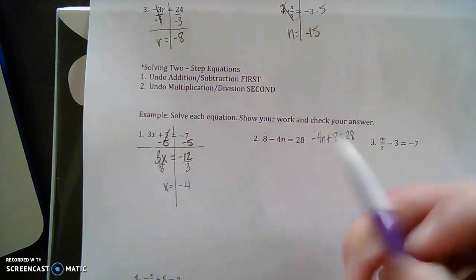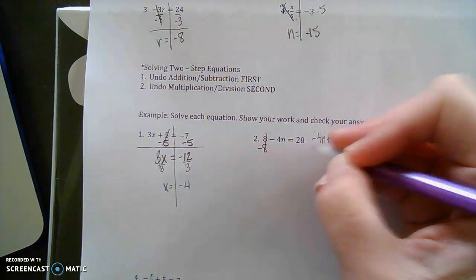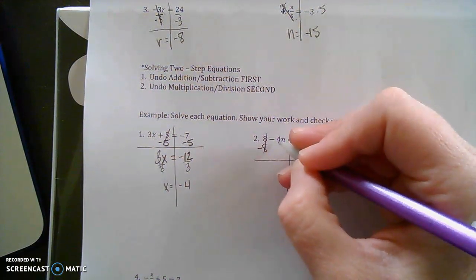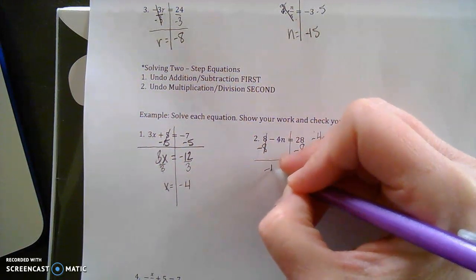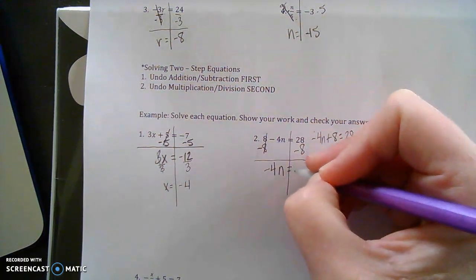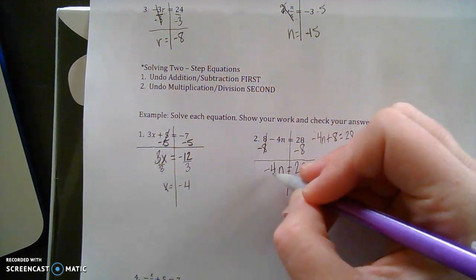But this is a positive 8, so to get rid of positive 8, we need to subtract 8 to make it cancel out to 0. Subtract 8. What's left over here then is negative 4n. That minus sign becomes a negative sign with the 4n. Equals 20. 28 minus 8 is 20. So this is multiplication.